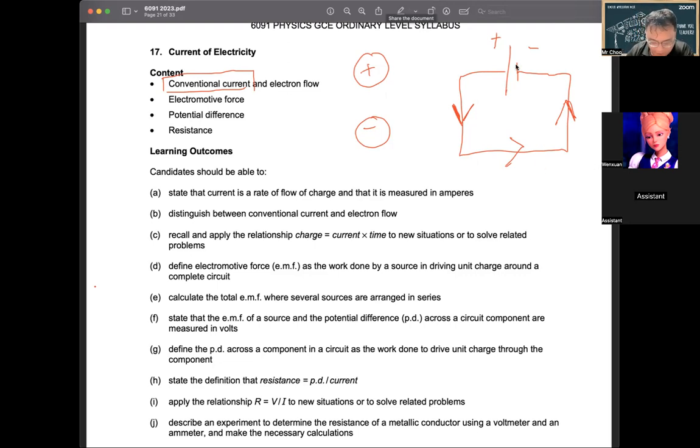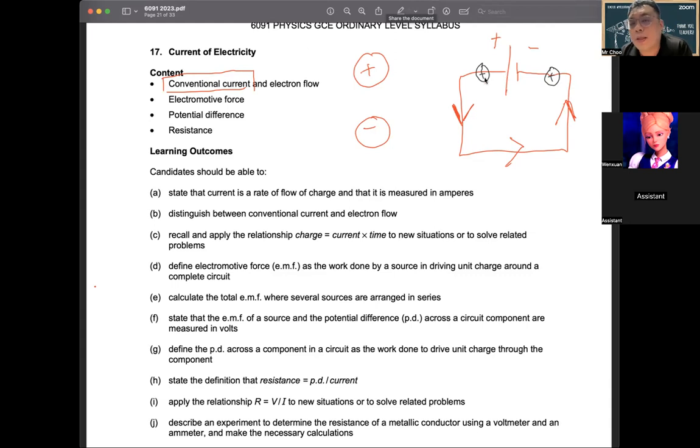If I have a positive charge down here, positive and positive will repel. This thing will move to the left, correct? And then when we reach here, positive and negative will attract, so this charge will actually move to the negative point. This is what is being assumed, and a lot of formulas and calculations are based on conventional current.